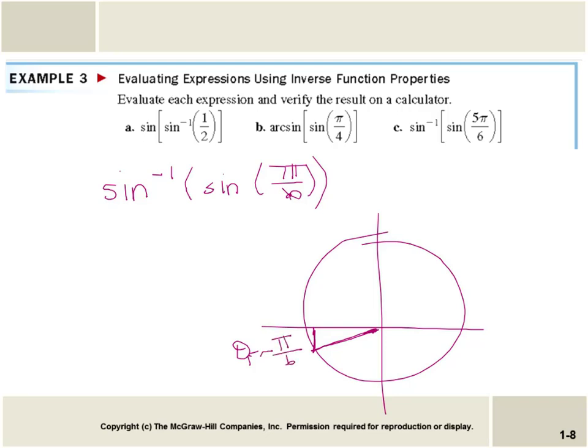Does that make sense? Okay, but I remember I have to have it between minus pi over 2 and pi over 2. So because the sine is negative here, in quadrant 3, the only other place the sine is negative is in quadrant 4, right? With the same reference angle. So it would be negative pi over 6.